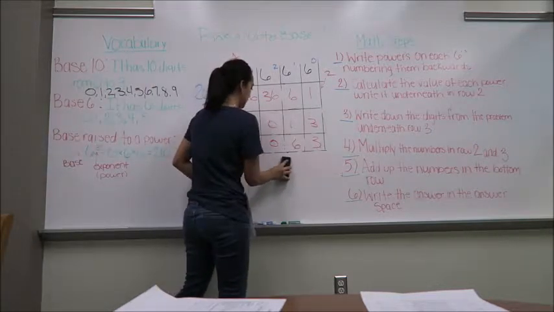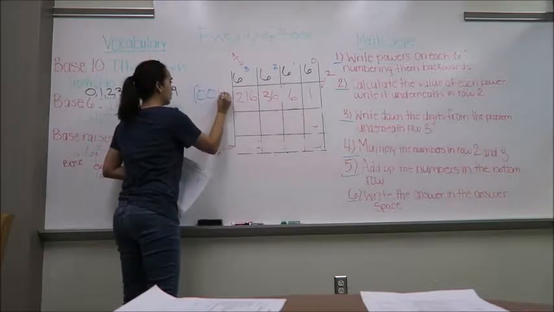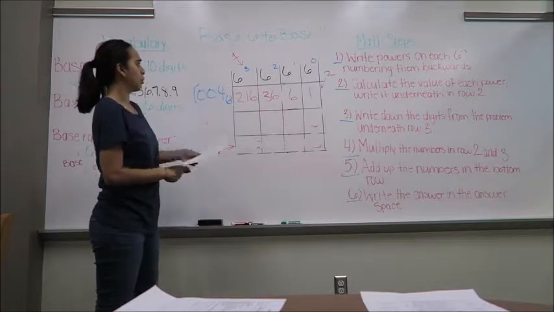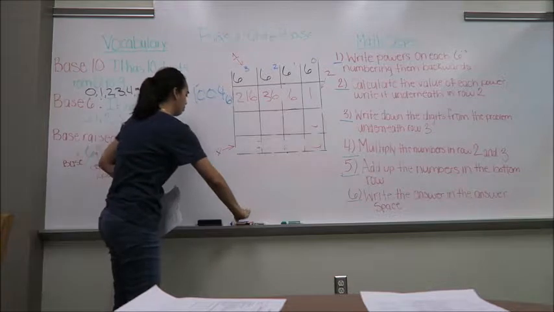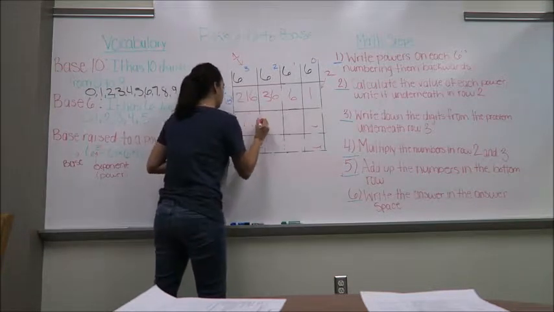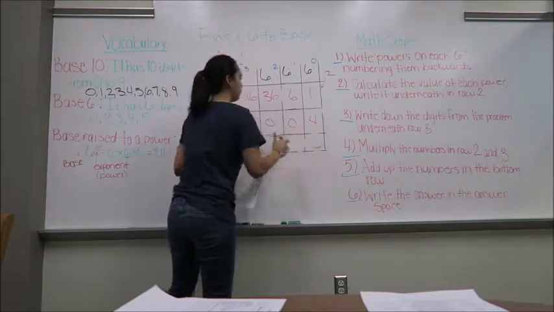No? Taking that as a no. Then 1,004 base 6. Remember, step 1 and step 2, I'm leaving the same. Step 3, we're going to write the number 1,004 in row 3.